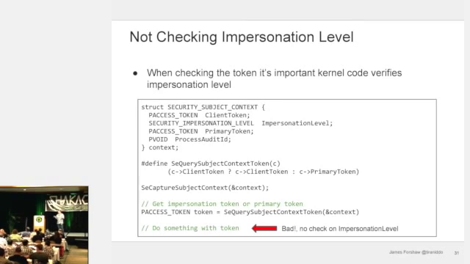If we don't check the impersonation level is impersonation level or above, well, that's a bug generally, because what that means is that code is going to operate under the assumption that the person calling it is that person and is at that actual impersonation level. But of course, if it does some sort of security critical operation at that point, you've then got yourself potentially an elevation of privilege vulnerability.